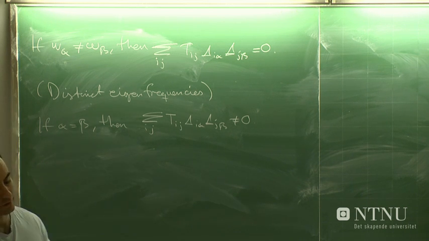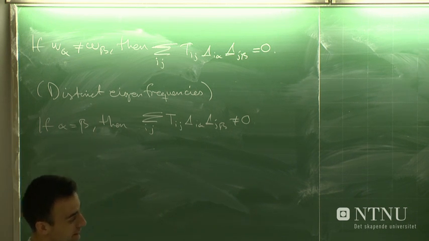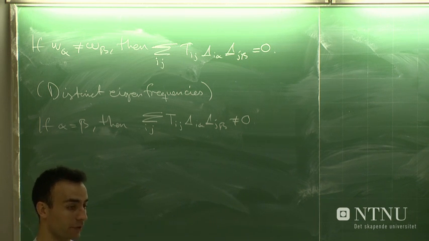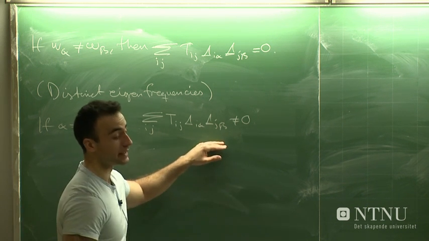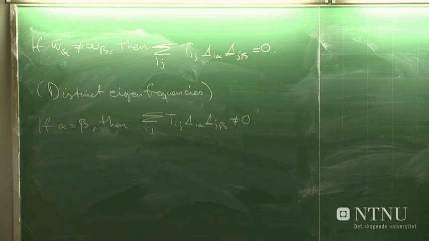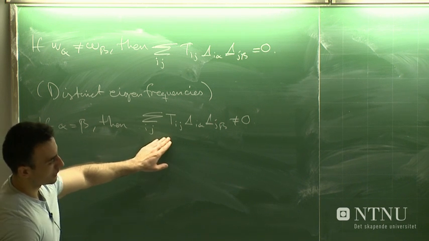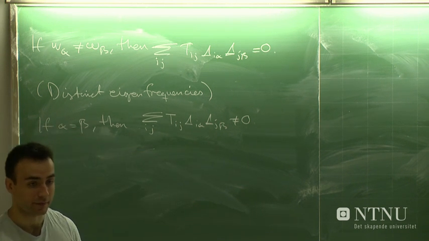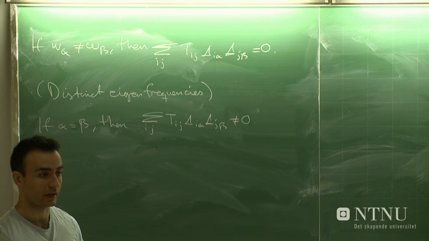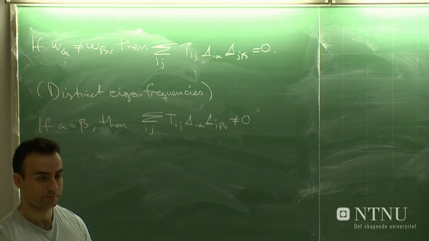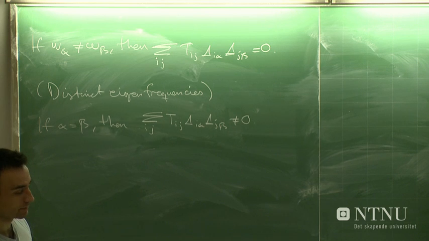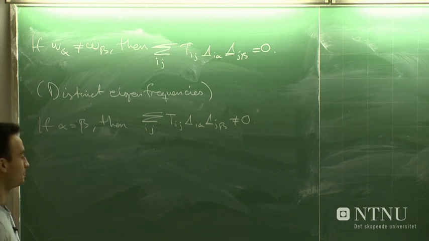However, if alpha is equal to beta, then we see that this prefactor depending on the eigenfrequencies becomes 0, in which case this factor may be non-zero. So this quantity, to summarize, is 0 if alpha is not equal to beta, but it's non-zero if alpha is equal to beta. Did I say that right? Yeah.